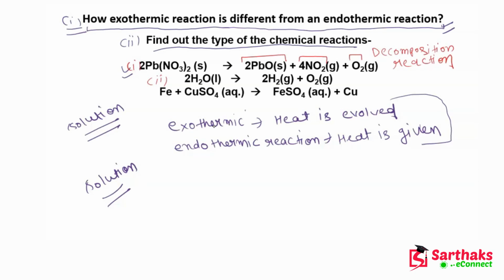So it is again a decomposition reaction. If I ask you what type of decomposition it is, you will say it is electrolytic decomposition, because we break these water molecules by flowing electricity across them.